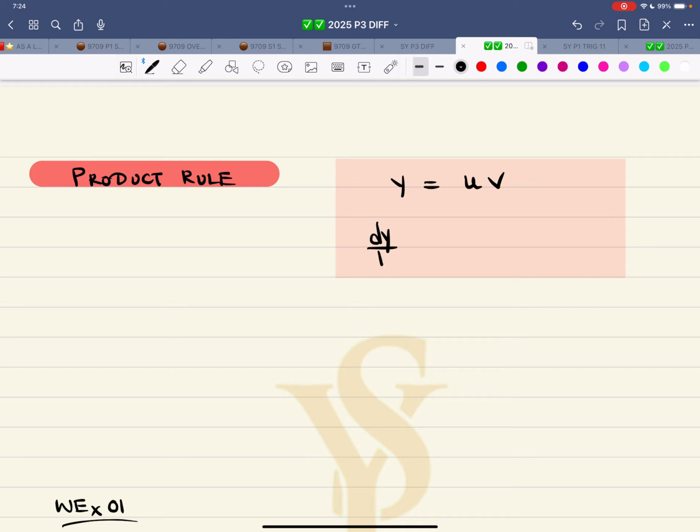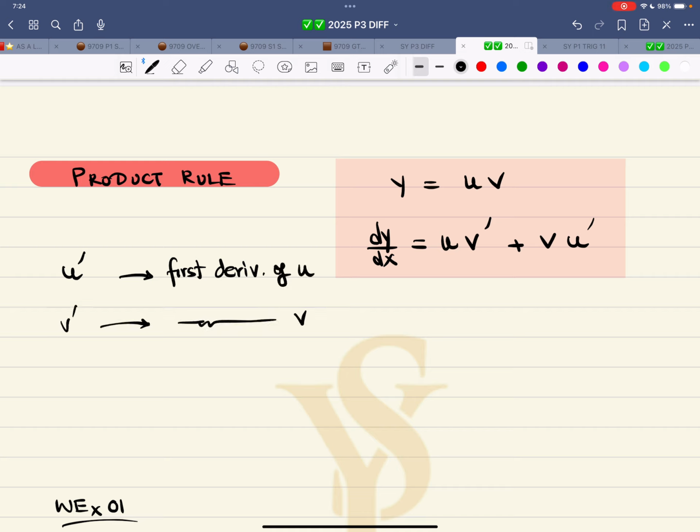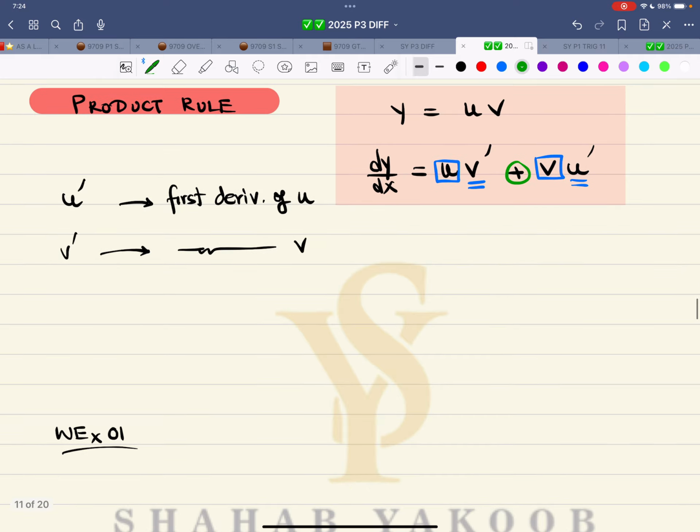Therefore, dy by dx equals u multiplied with v prime, the first derivative of v, plus v multiplied with u prime, the first derivative of u. So we have u multiplying with v prime, v multiplying with u prime, and there is a positive sign in the middle. Let me do 3 basic examples on the product rule.